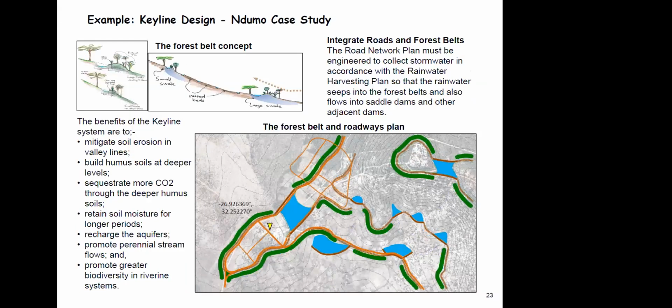The next stage, we follow the swales and we decide where we can align it with access roads. So here you've got the light brown as access roads, and then forest belts in green. So we integrate three things: swales from rainwater harvesting, access roads or pathways, and forest belts.